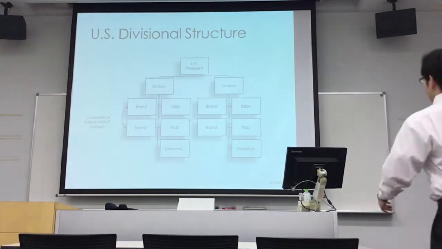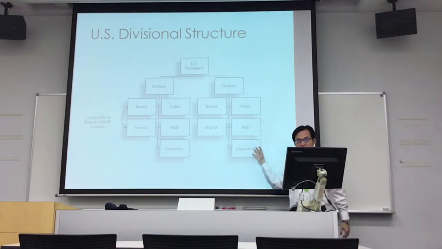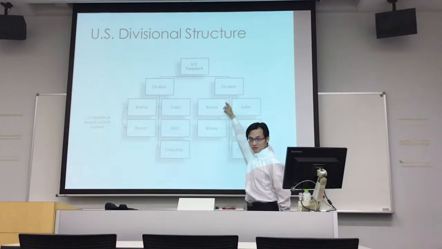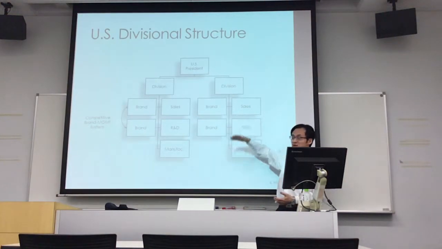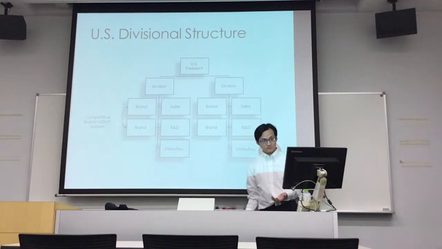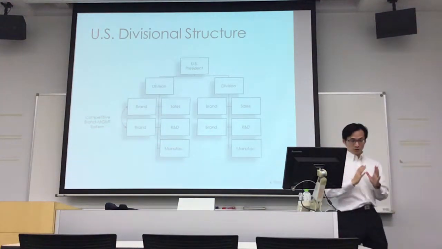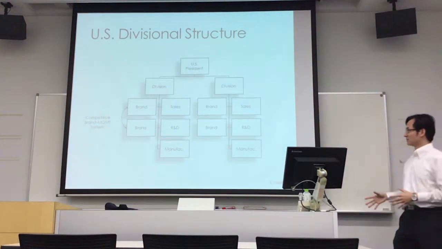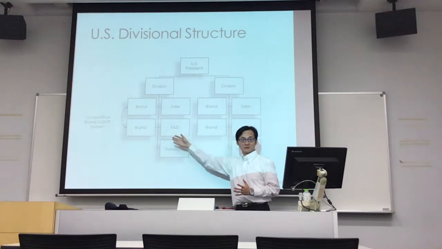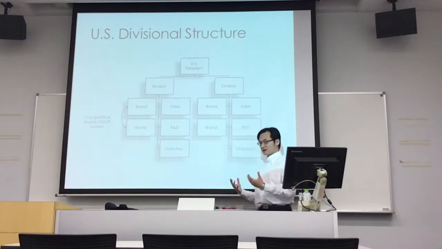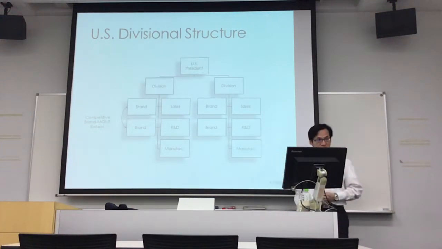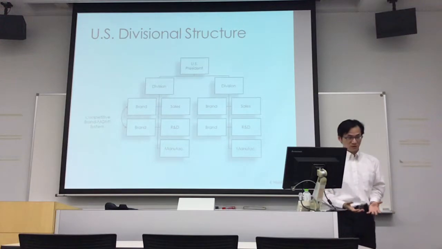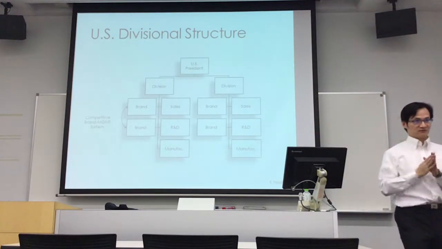So we know that by putting together all the different business functions under a common organizational boundary, you facilitate integration across them, and as a result, as a division, you can respond more quickly. So this structure will work better in the following situations. First, there exist significant differences across different divisions. Second, you see dynamic development in each division, so that you have to respond quickly. In that sense, this makes sense.